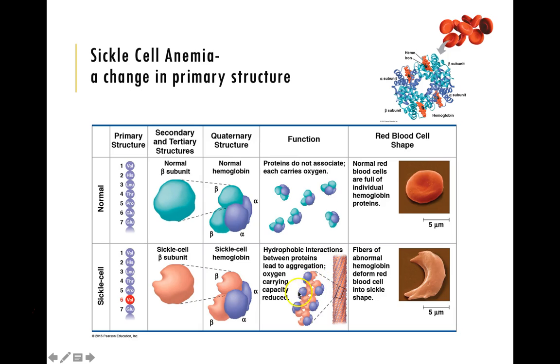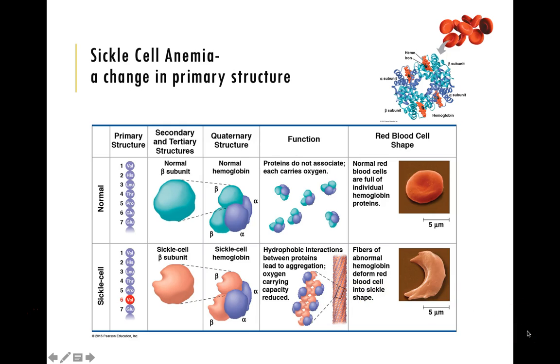What happens with those subunits is, instead of staying nice and round and not interacting with one another, they actually bind to one another and produce these long fibers of red blood cells. Now, this is a problem because when these fibers are formed, you're not carrying oxygen throughout your body. So oxygen cannot correctly bind to the hemoglobin inside your blood cells, and therefore it's not being carried correctly.